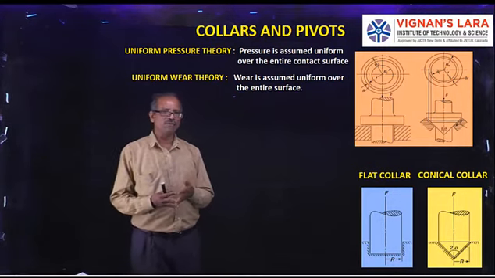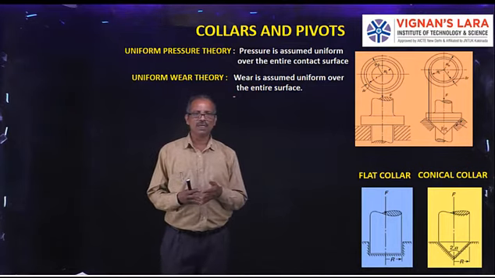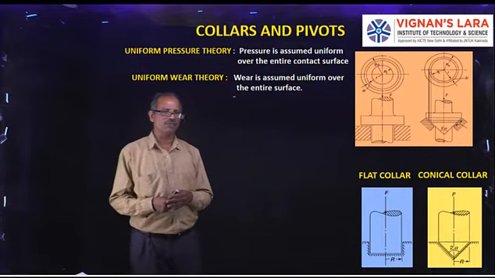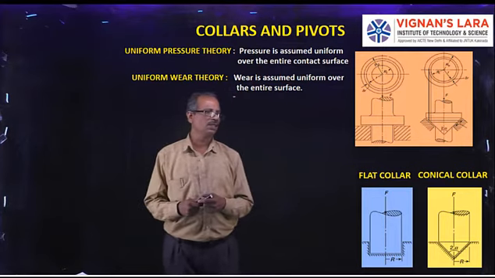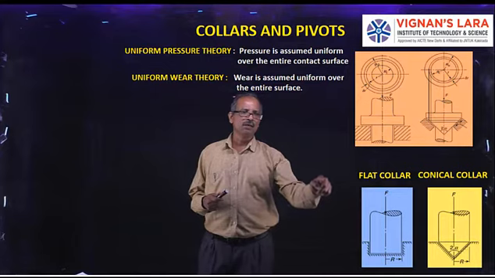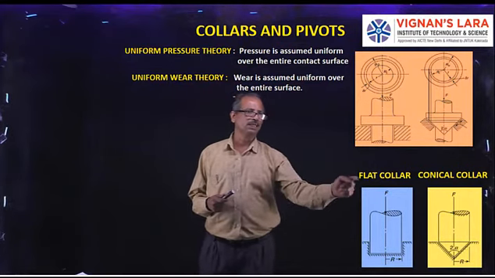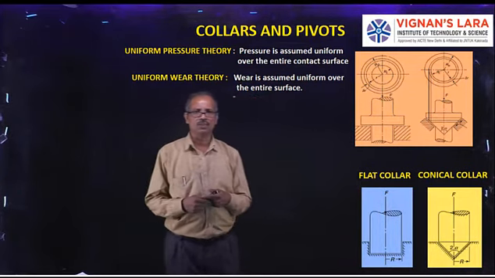A collar is one where the shaft is made an extension of its shape so that it will rest on the surface. That is what you can see in this particular diagram. The flat collar, and the subsequent one is a conical collar.